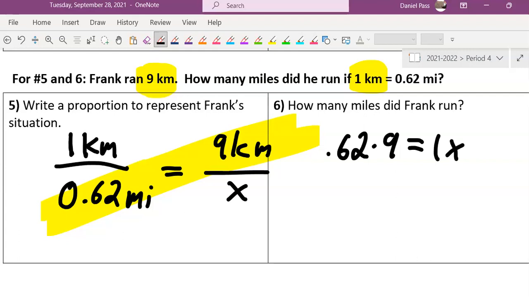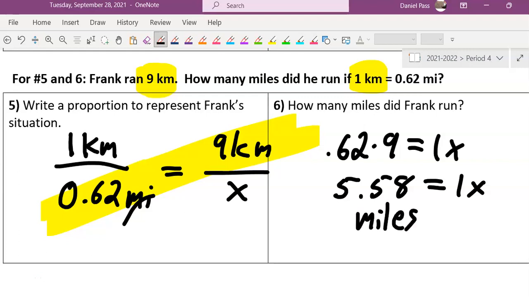Okay, 1 kilometer times x. What do we get? 5.58 equals 1x. Right. Now, when we divide by 1, nothing happens, right? So we really don't need to divide by 1 on this one. So you just get the same answer. So it's 5.58 miles.